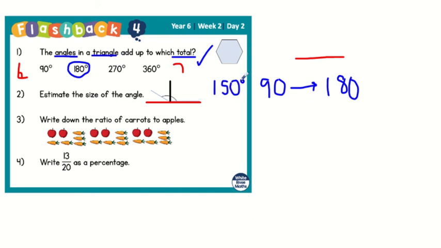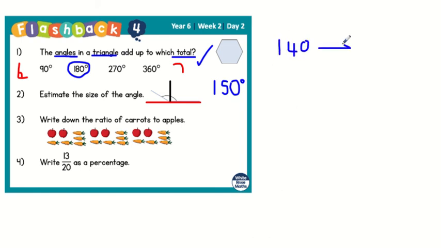So if you're 10 degrees less or 10 degrees greater, so if you've put anything between 140 and 160, you can have the mark today. I'm feeling generous. If you did 162, unfortunately you wouldn't get the mark because it's greater than 160. If you put 138, for example, you wouldn't get the mark. And you'd also need to be remembering that you have your degrees symbol.